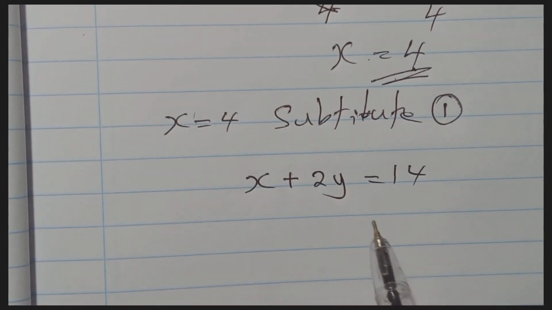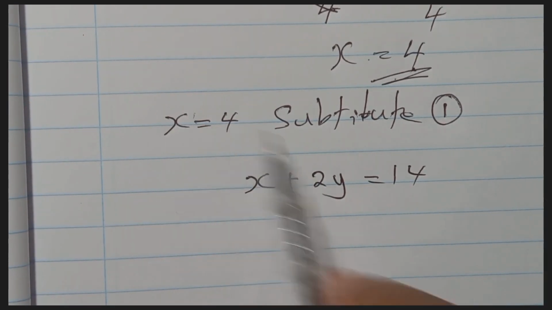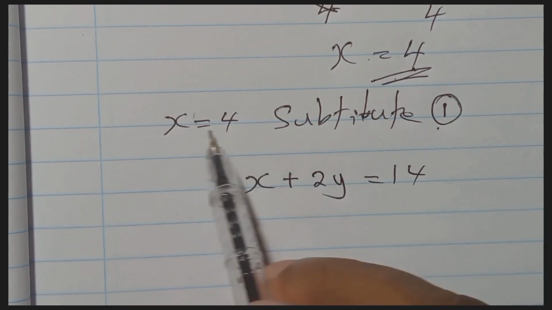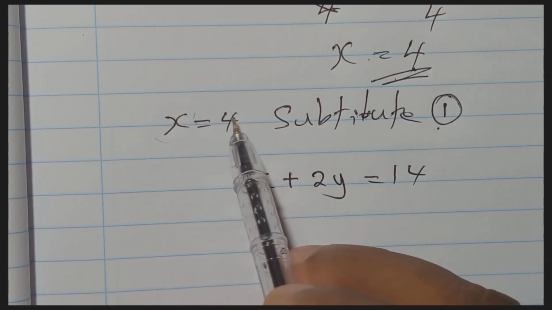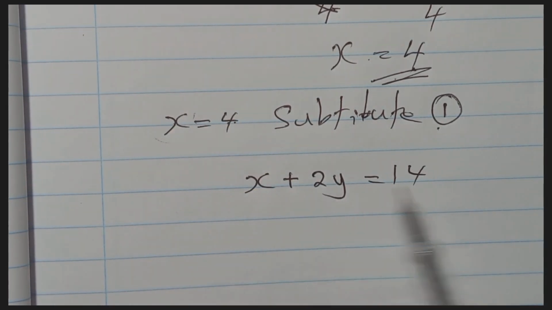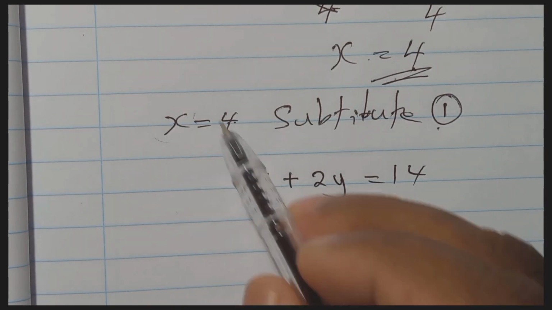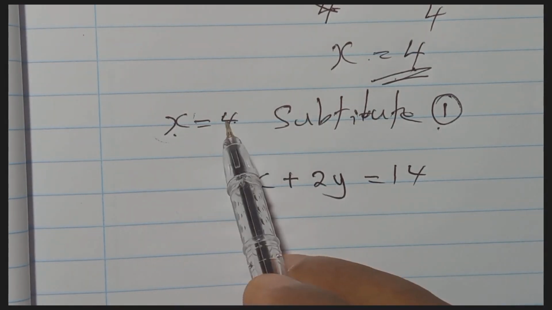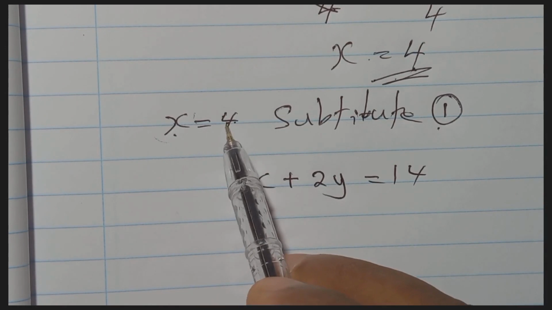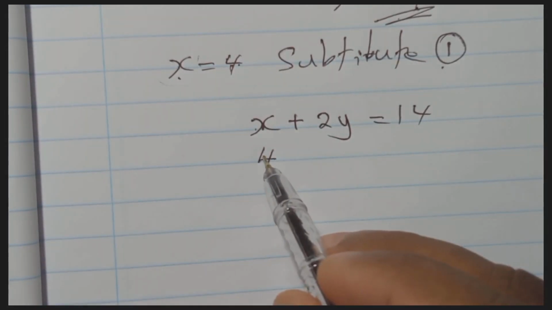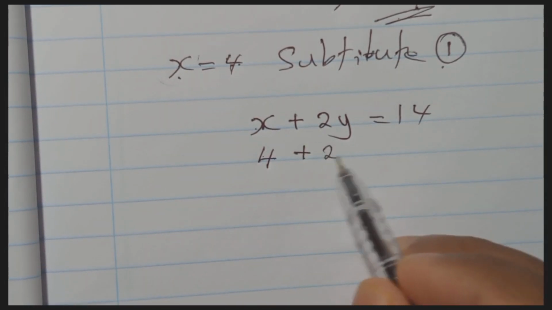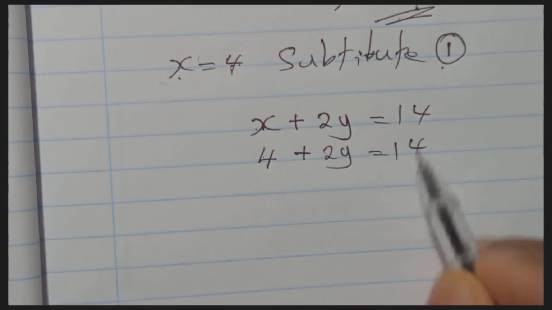Now for equation 1, what value did you get earlier? You got x equal 4, no? Substitute that to this equation, right? That means x replaced with 4. For the x, you can put 4 now. So for the x, write 4, and then plus 2y equal 14.